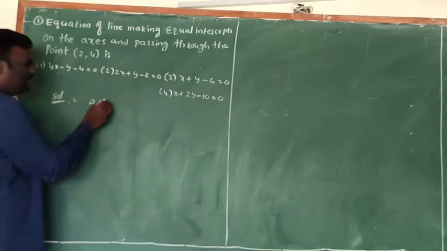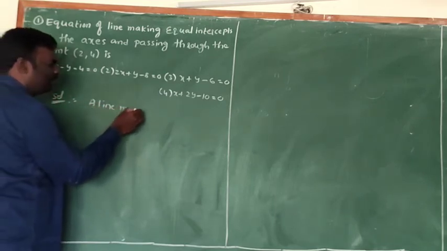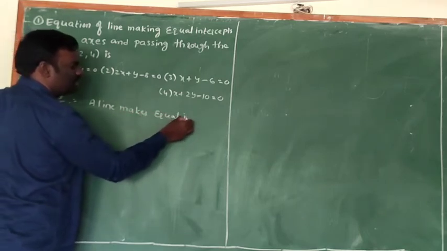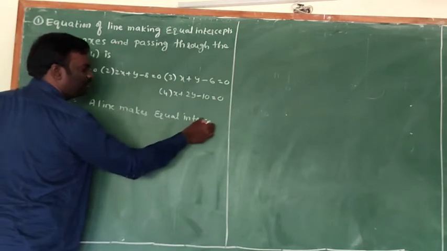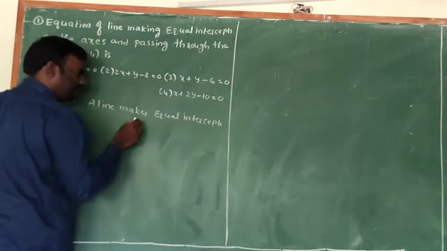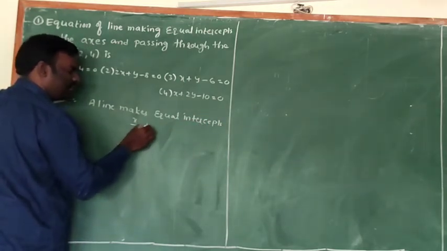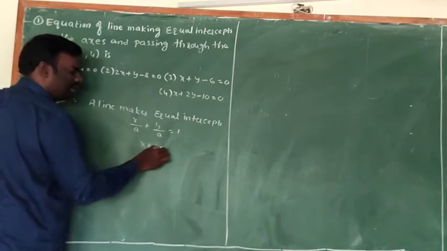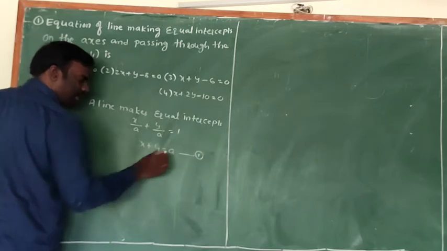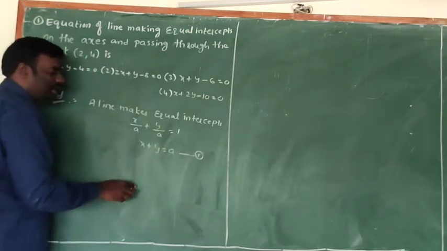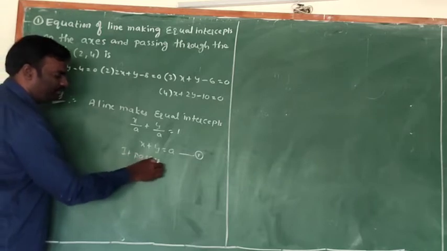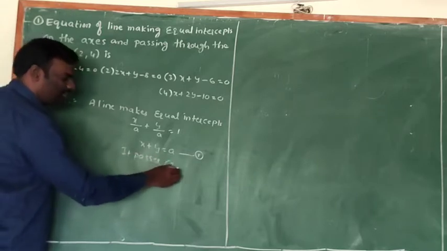A line makes equal intercepts, then the equation is x by a plus y by a equals 1. Then we can write x plus y is equal to a. It passes through 2, 4.